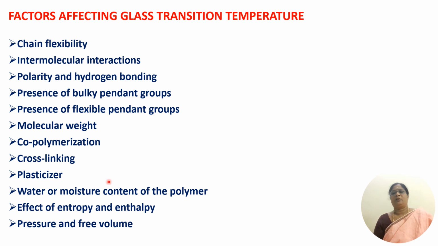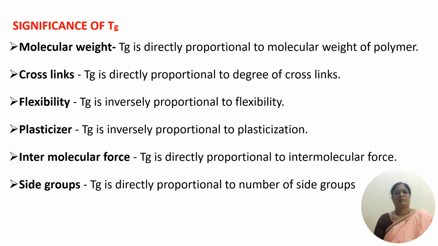Increase in pressure of surrounding leads to decrease in free volume and ultimately high glass transition temperature. The significance of glass transition temperature: the glass transition temperature is directly proportional to the molecular weight, cross links, intermolecular force and side groups. And the glass transition temperature is inversely proportional to the flexibility and plasticizer.